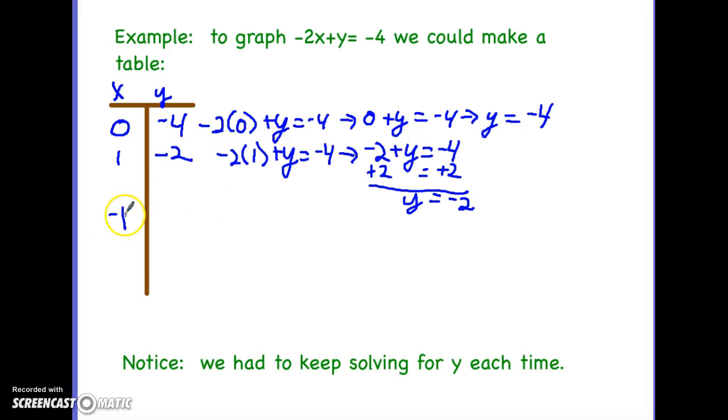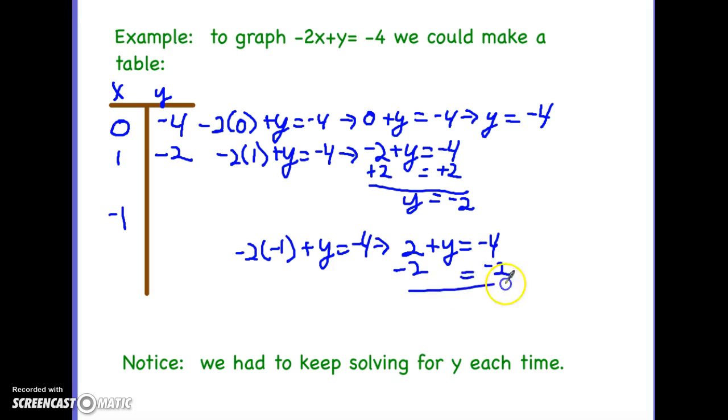And lastly, when x is -1, again substituting into the equation, I'd have -2 times -1 plus y equals -4, which would mean +2 plus y is -4. So if I subtract 2 from both sides, I get y is -6.